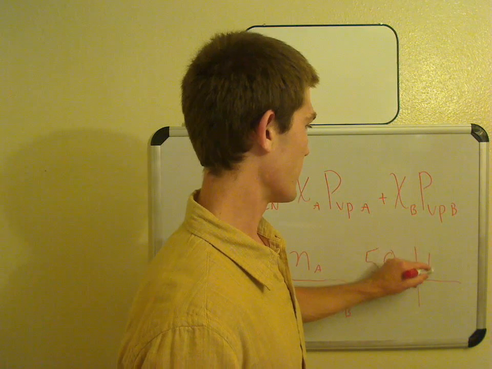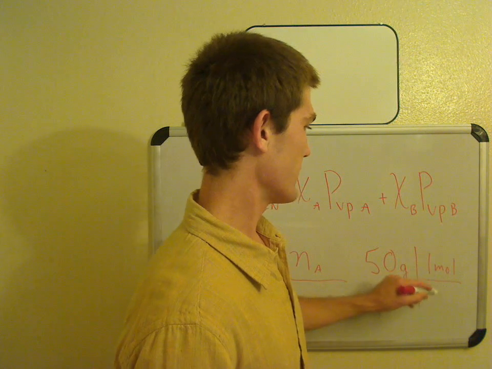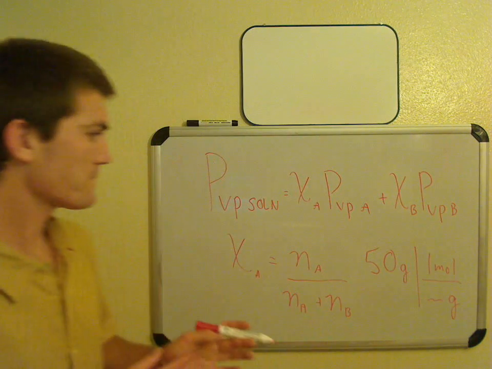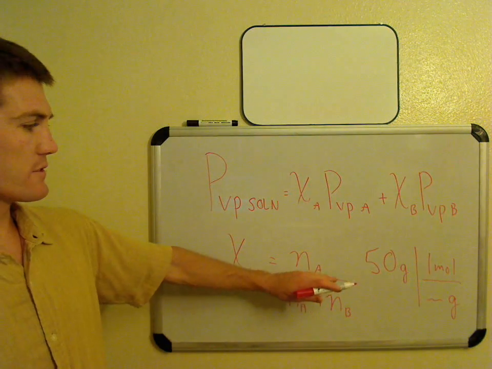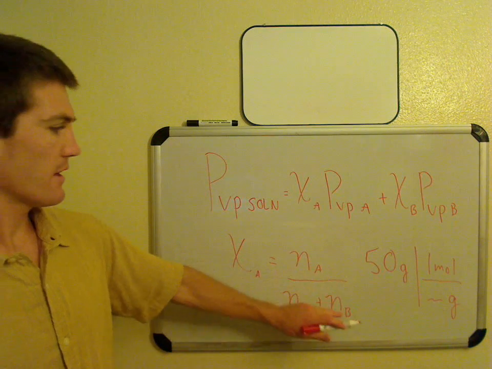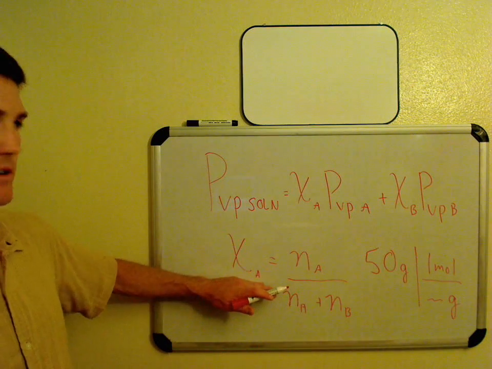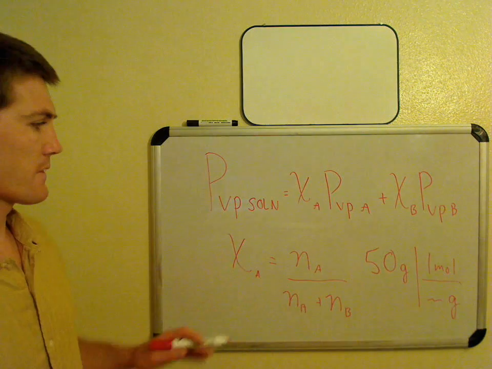So 1 mole has some number of grams. So we first figure out the number of moles of A, the number of moles of B, and then we can figure out, say, the mole fraction of A.